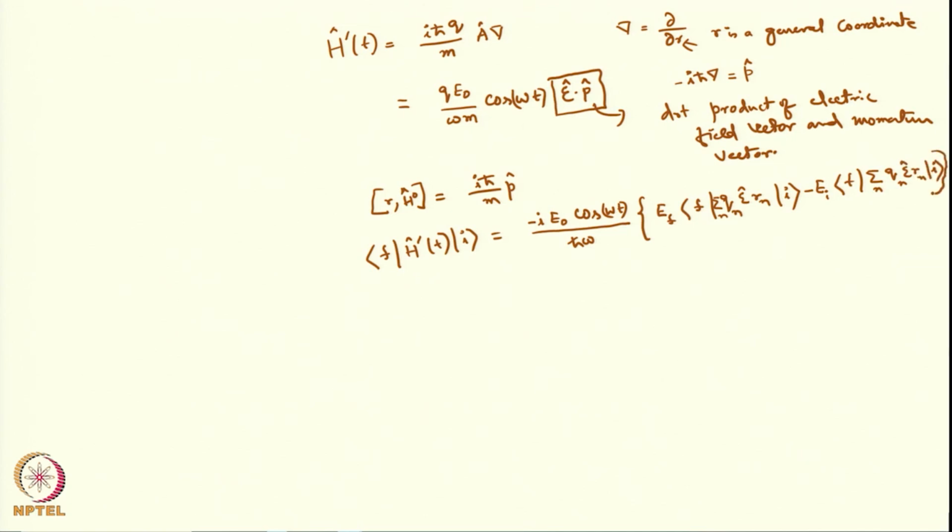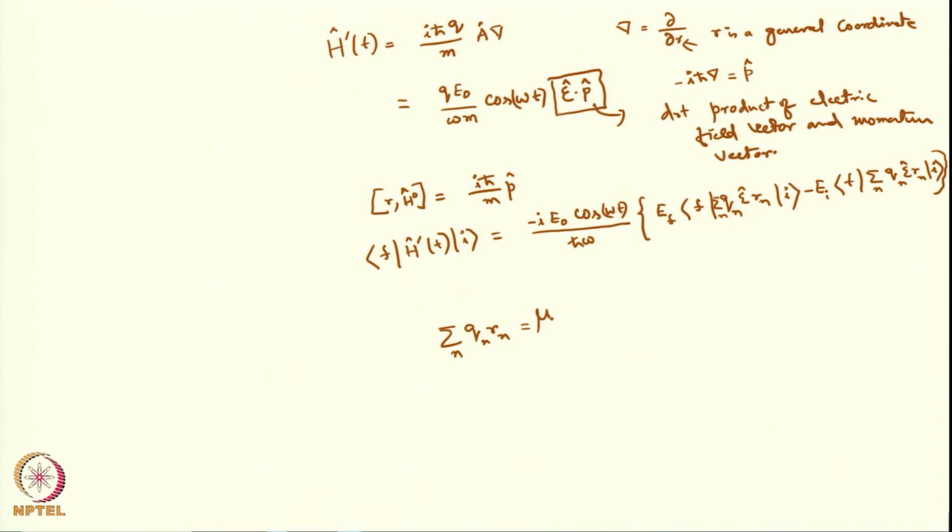Okay, these are the integrals. Now, you will see that sigma over n q n r n is nothing but the dipole moment of the molecule mu, or the atom. So, this just tells you how the charge is distributed.